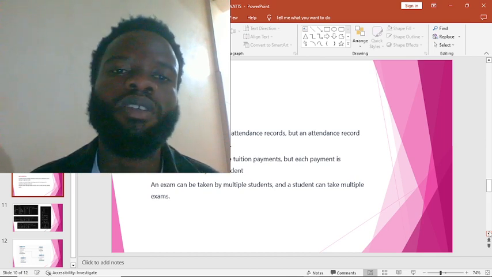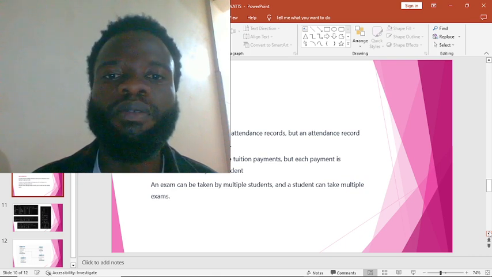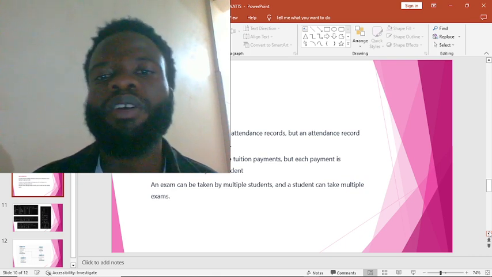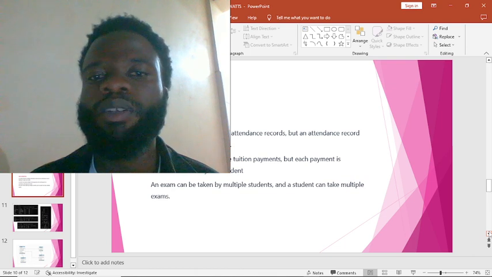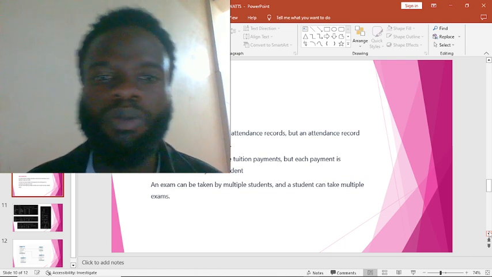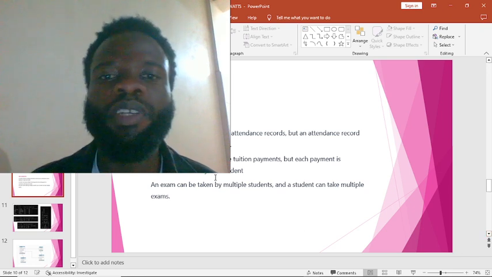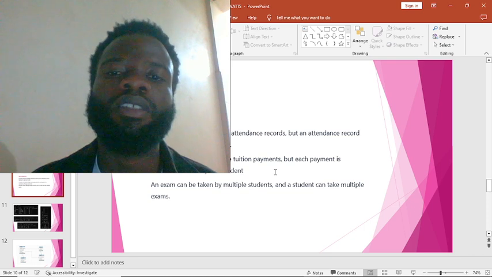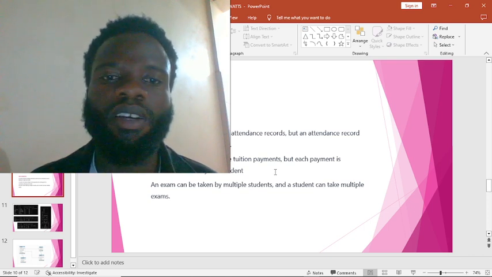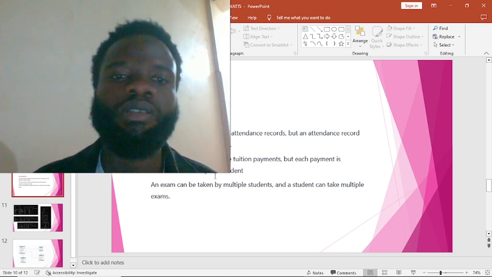A student can have multiple attendance records, but an attendance record belongs to only one student. A student can also have multiple tuition payments, and each payment is associated with only one student.